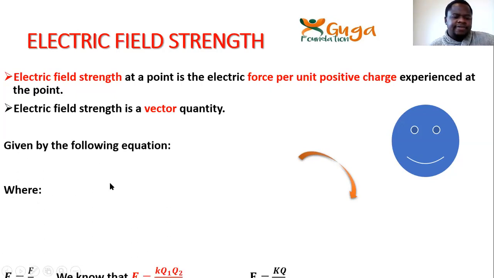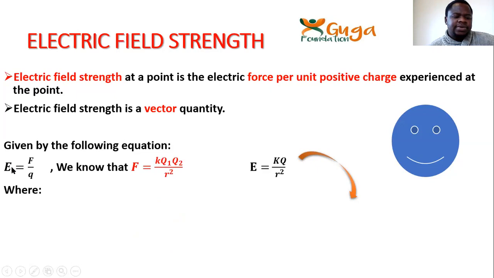It's given by the following formula: E is equal to F over Q. We also know that Coulomb's law is given by F is equal to K Q1 Q2 over R squared. If you substitute this F here, the Q and Q1 will cancel out. Then you are left with one Q here. So your E will be E is equal to K Q over R squared.